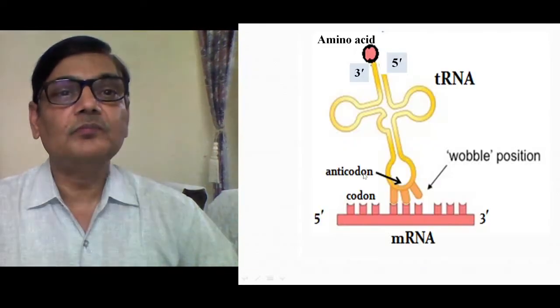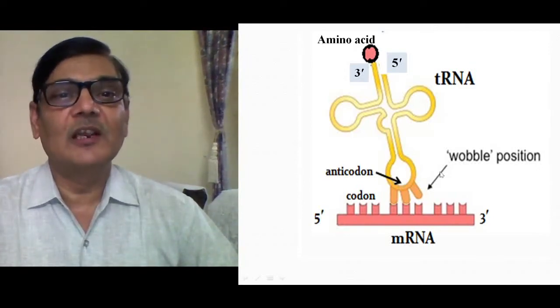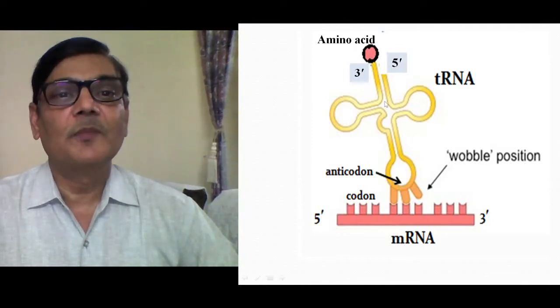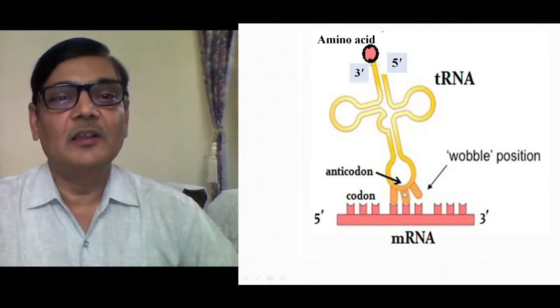So you can have a better idea by observing this diagram. What is shown in this diagram, the transfer RNA is this one. It is carrying an amino acid with it. And here on this end you can see there are three nucleotides which form the anticodon.